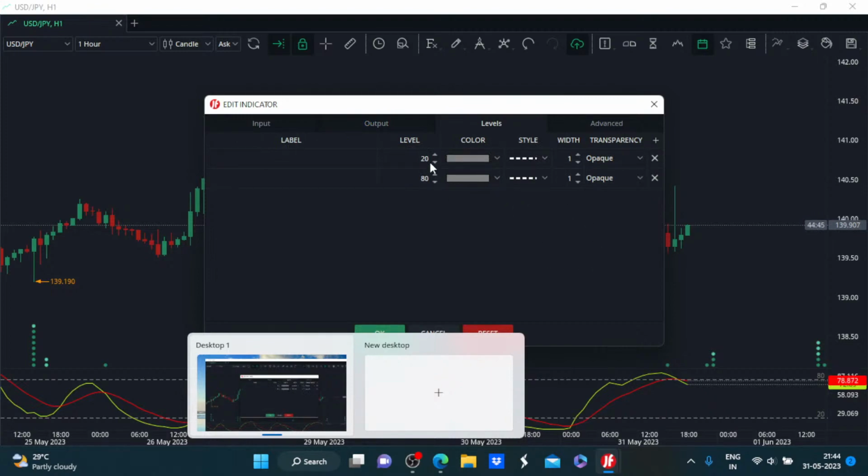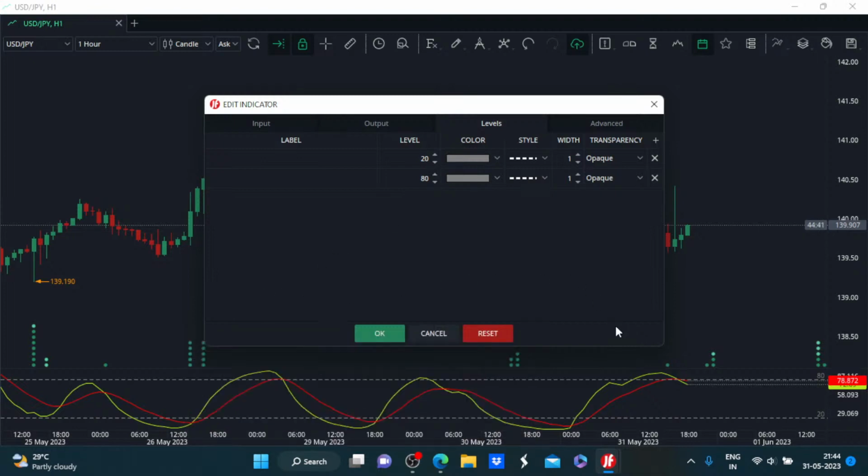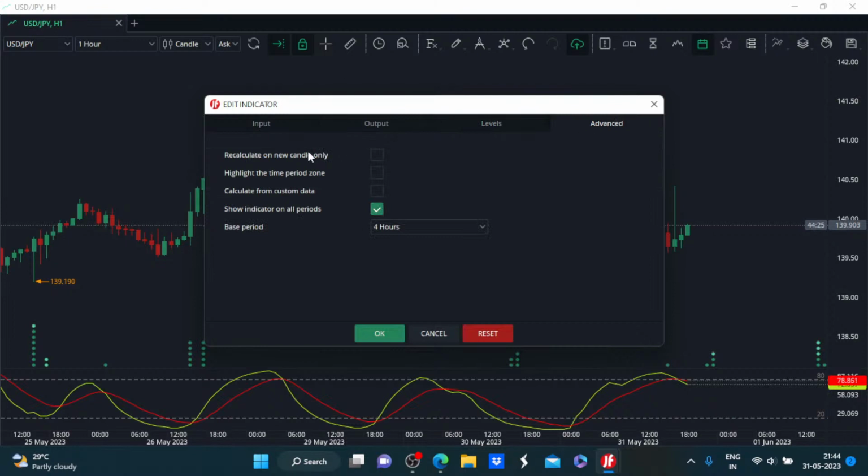Level, we have these 20 and 80 as two critical levels in place for defining the oversold and overbought zones. So we can then go for the possibility of the trend change, initiation of a new trend, and profit from that.